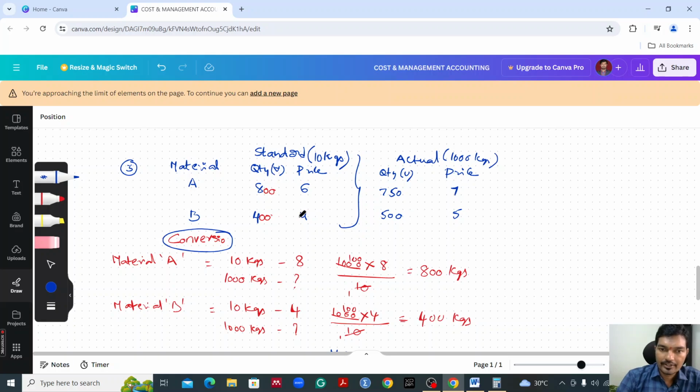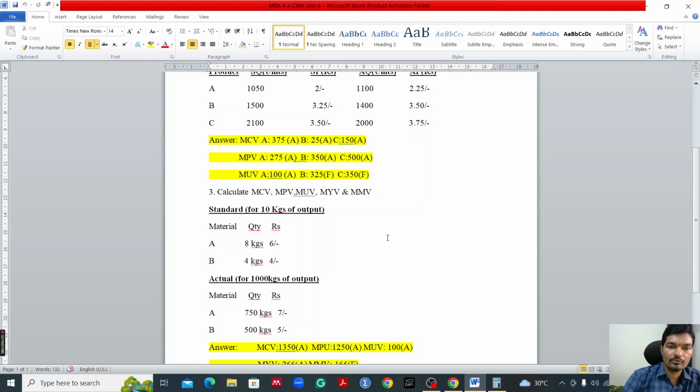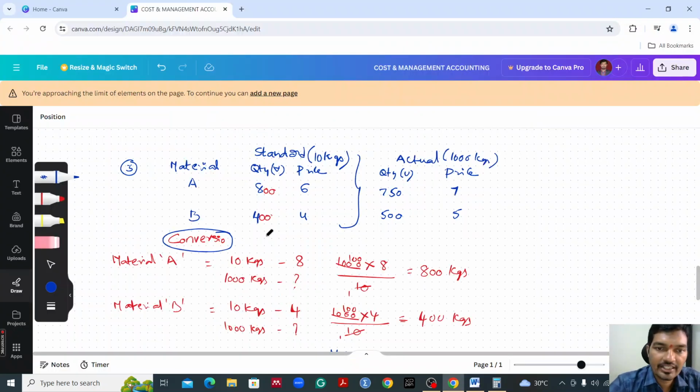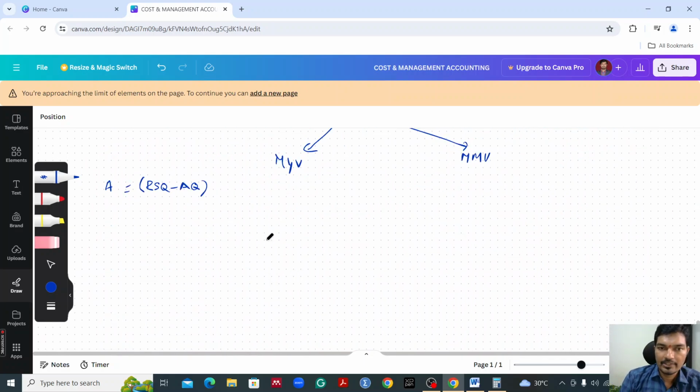The material price ratio according to the actual problem. This is about the actual problem. This is about standard information. First we'll write the standard information before we calculate the material yield variance.